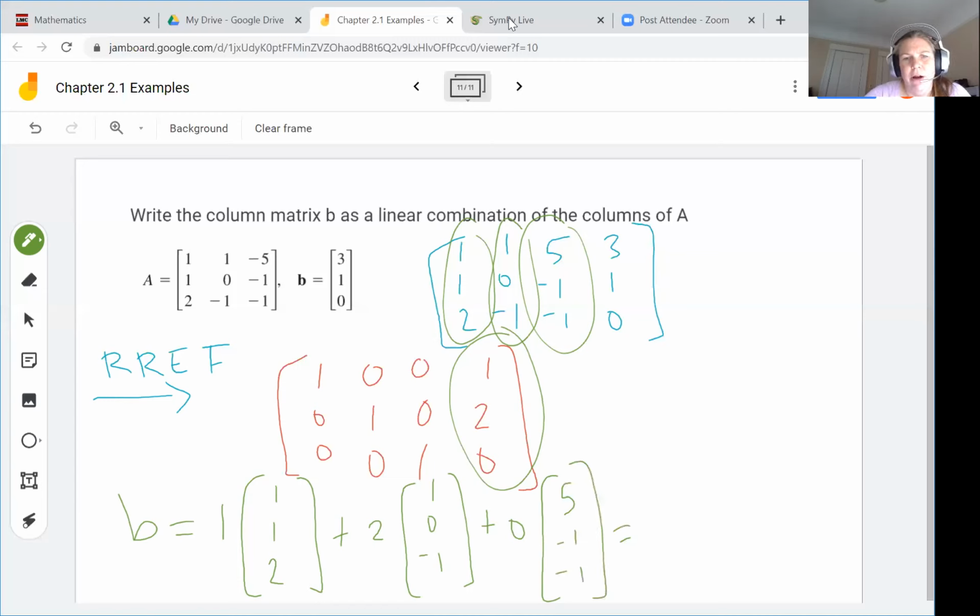And then if we do our calculations here, this is 1 times 1 plus 2, and then plus 0 in the last column. So this gives us 3 for the first value of column B or matrix B. B is a 3 by 1 matrix, so sometimes we just think of it as a single column.